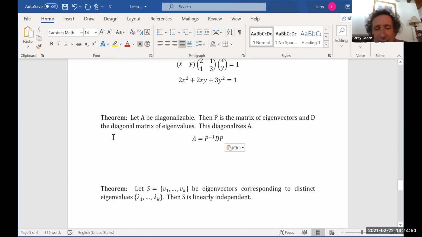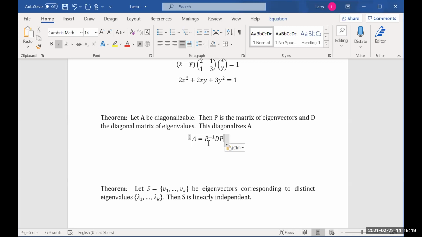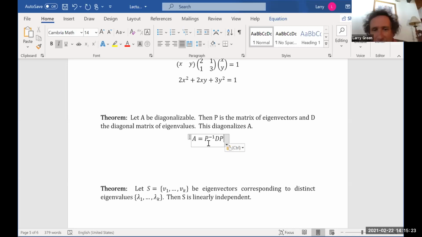All right, so we can say A is P inverse DP. All right, well, what I can do now is I can just multiply. What can we multiply by? Any ideas?